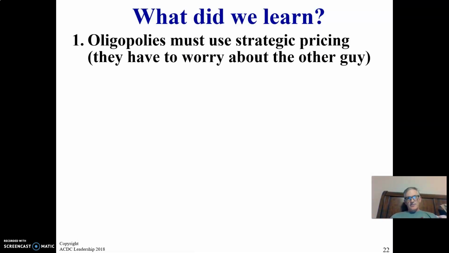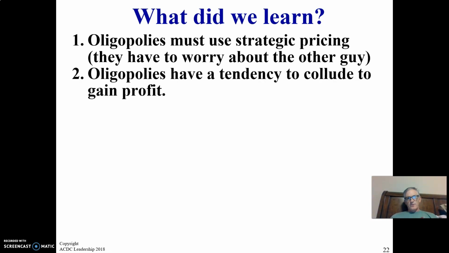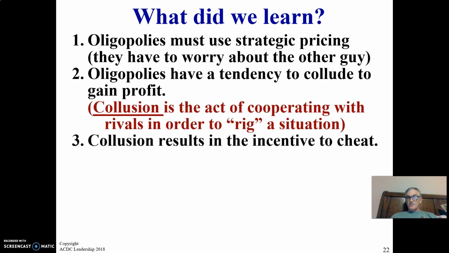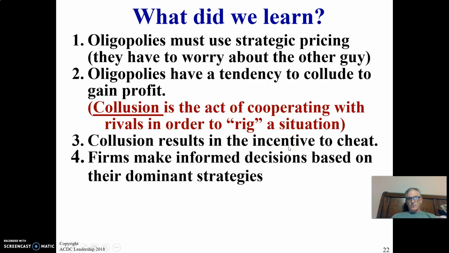So we know that oligopolies have to use strategic pricing. They have to worry about what the other person's doing. They have a tendency to collude, and then they also have a tendency to cheat on that collusion. So they have an incentive to talk about it, but they also have an incentive to not do what they said.